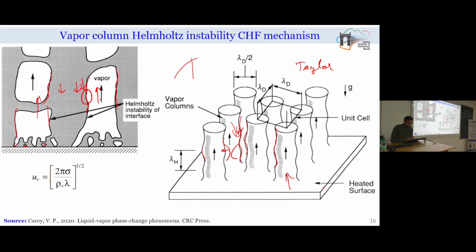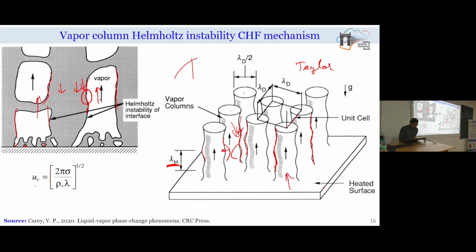Once from the Taylor instability we were able to find the locations where these vapor columns are forming, then we need to decide, say lambda h is the wavelength of these growing waves, what is the critical velocity of the vapor column at which these waves will become unstable and merge with each other. Then our liquid will not reach and we will be entering into the transition and film boiling regime. So, it means our critical heat flux condition will be immediately reached.